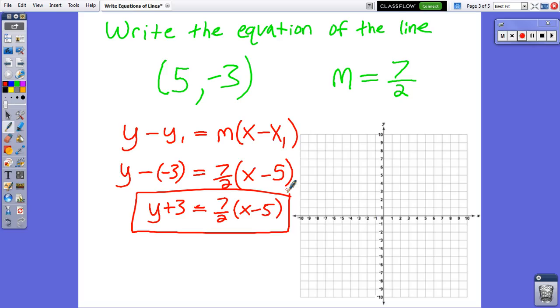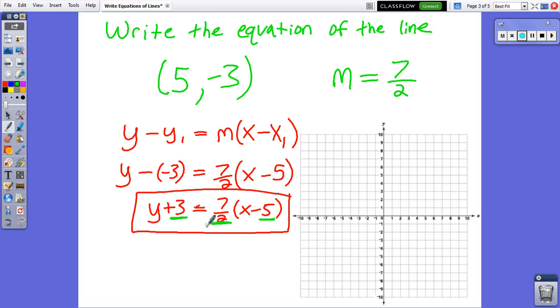If we wanted to graph this from point-slope form, this equation tells us a point on the line. Obviously we were given a point on the line, so we know that's there already. But looking at the equation, we can say, okay, the x-coordinate is 5, the y-coordinate is negative 3, and the slope is 7/2.